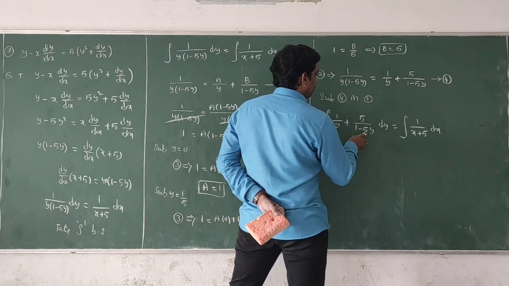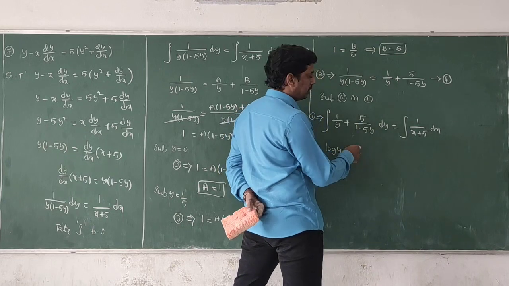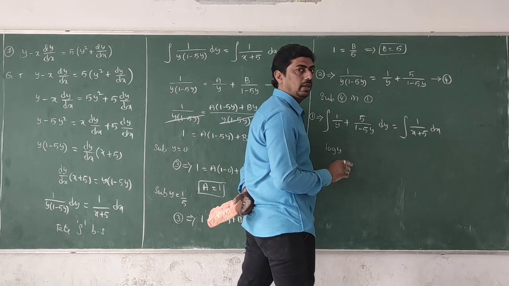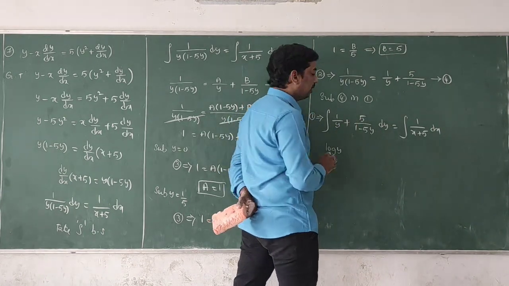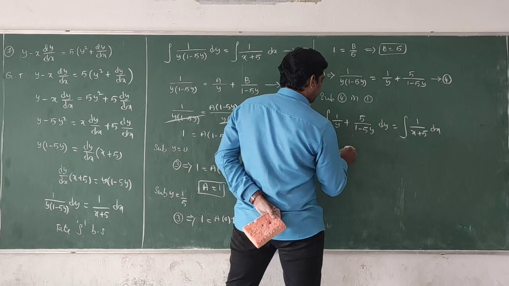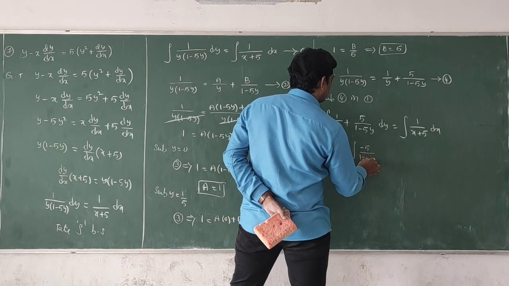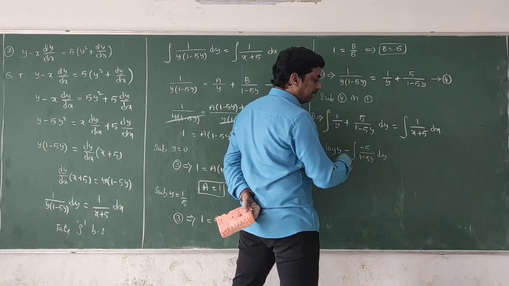If you take the denominator as f of x, its differentiation is f dash x. This f dash x equals derivative of 1, which is 0, minus 5, the derivative gives minus 5. But here we have plus 5, so this can be written as minus of integration of minus 5 by (1 minus 5y) dy. Does the value change by writing like this?